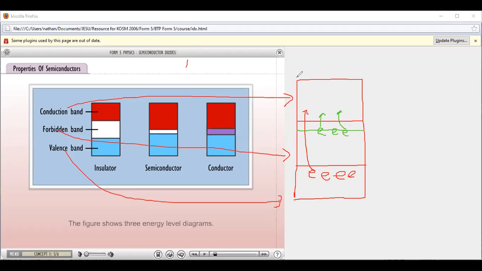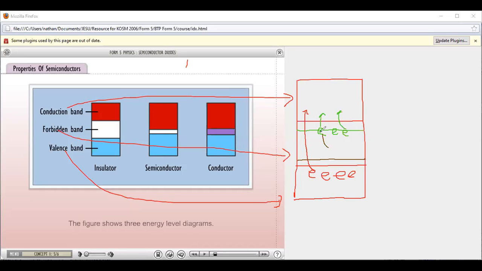If you use another atom, their valence band may be somewhere around here, so it's more difficult for them to jump to this region compared to pentavalent. That's why they use specific kinds of impurities for this doping.